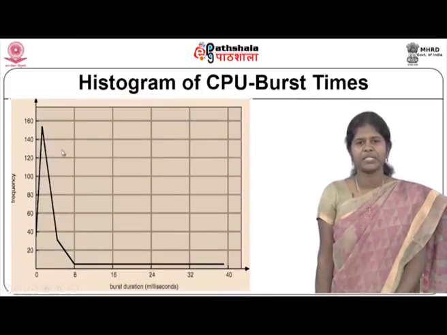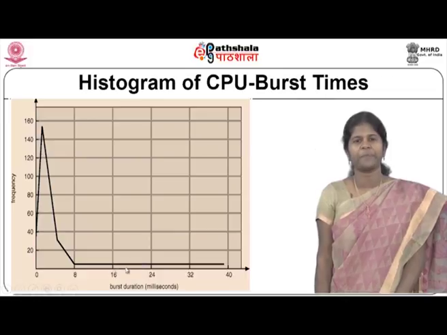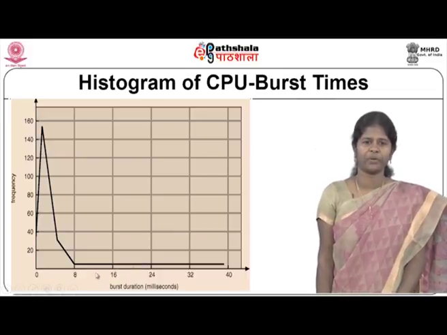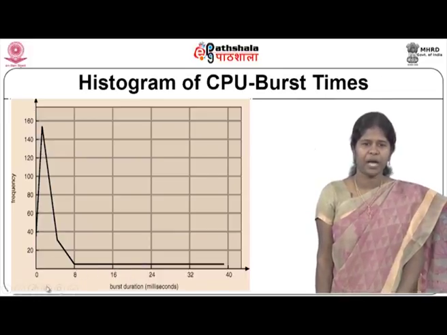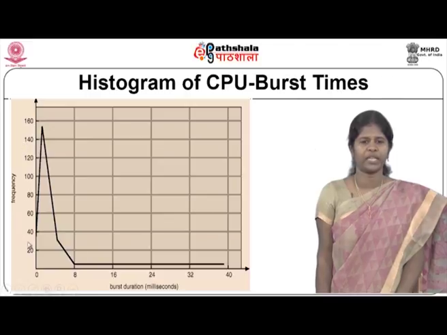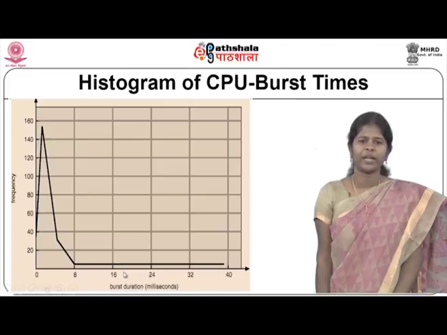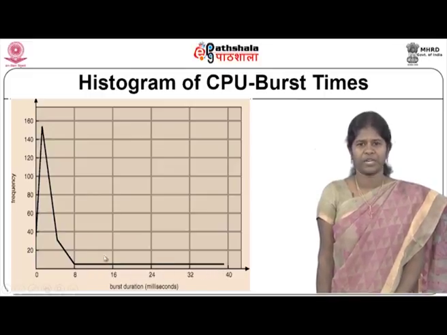When these CPU burst times and IO burst times were analyzed, researchers found that, on the x-axis you have the burst duration in milliseconds and here the frequency of occurrence. It is found that short CPU bursts were occurring many more times and long CPU bursts were occurring only a few times.